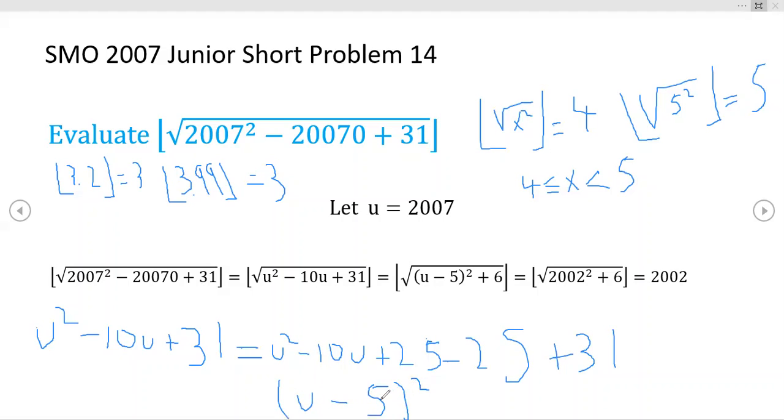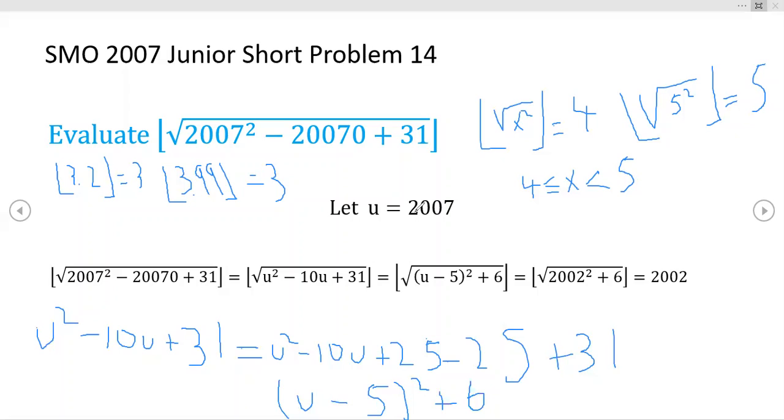When you expand that, 5 multiplies against u twice, so it'll be minus 10u. Then minus 25 plus 31 is just plus 6. Again, folks, this is called completing the square, and you can see that's exactly what I wrote here. We completed the square going from this stage to this stage. Now we're at a stage where we can replace the substitution with the original value.